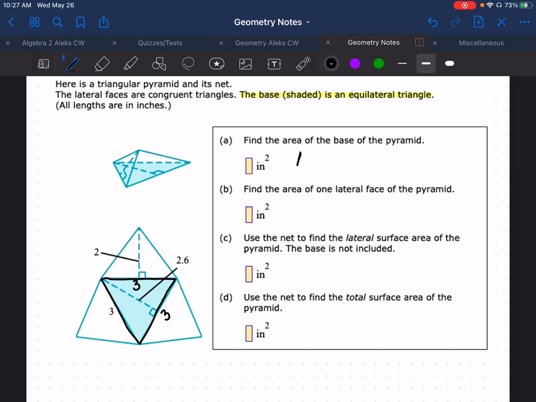So the area formula for the triangle is 1/2 times its base times its height. Its base is going to be the 3, and its height is going to be this right here, 2.6. I'm going to put that into Desmos, and I'm going to get 3.9 inches squared.